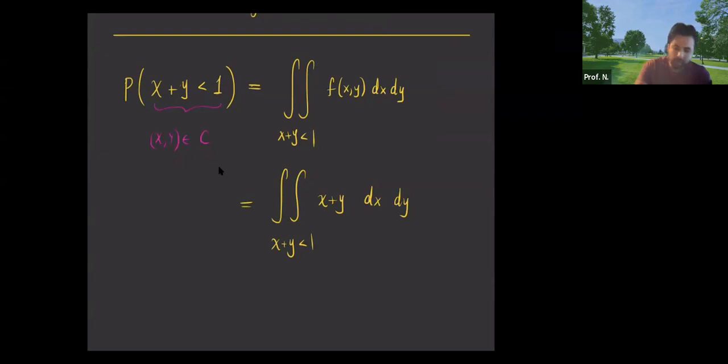So the issue is, what in the world is this? What is that? X plus y less than 1? What is that? Does anybody know? The volume. No. Okay.